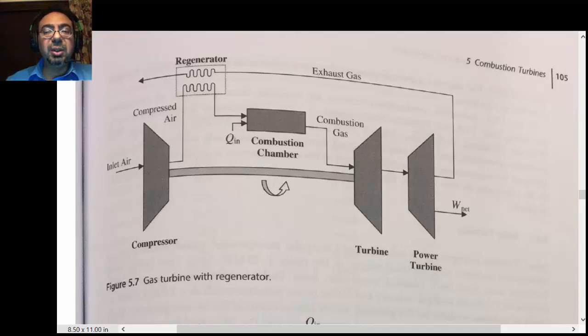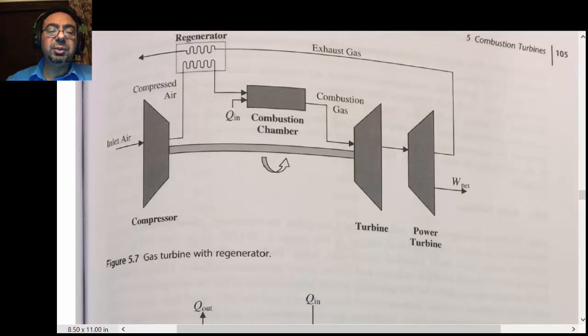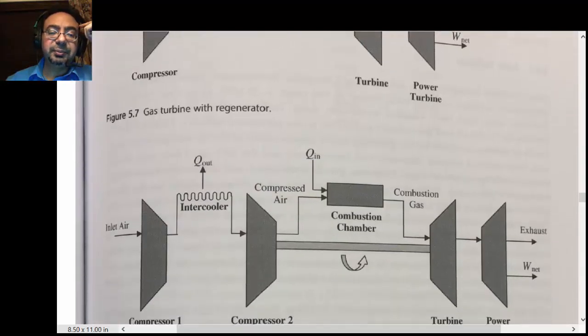To help the boiler in its job. So that's exactly what's happening over here. Compressor finishes, the pressure is high. Before you send it to the combustion chamber, you take the exhaust of the turbine and use it to heat the inlet to the combustion chamber, right?